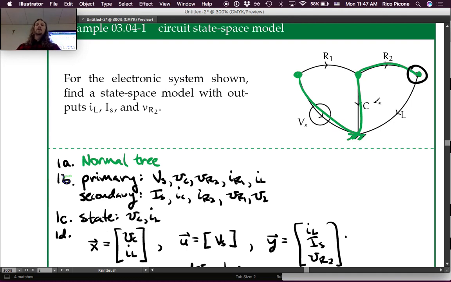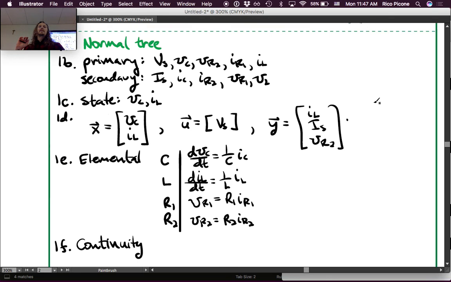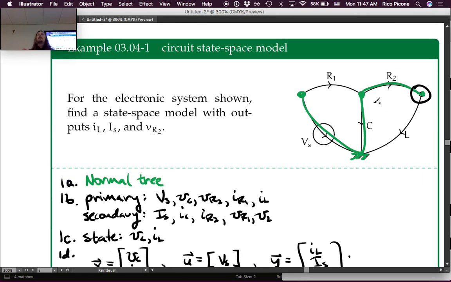And we're going to jump immediately to the second part of this 1F, which is to solve for the secondary variable associated with the branch that you cut, which is IR2, right? The continuity equation always deals with through variables. So you want to solve for IR2. Remember when I was teaching you how to do these, I said I like to take the shortcut where I solve the equation for the variable that I want from the very beginning.